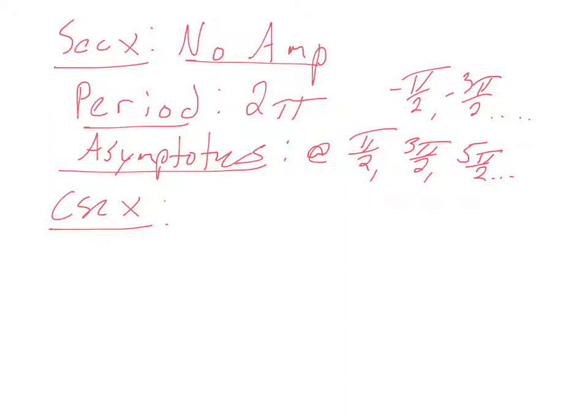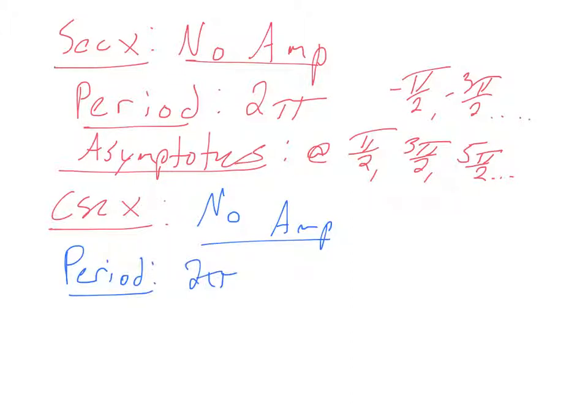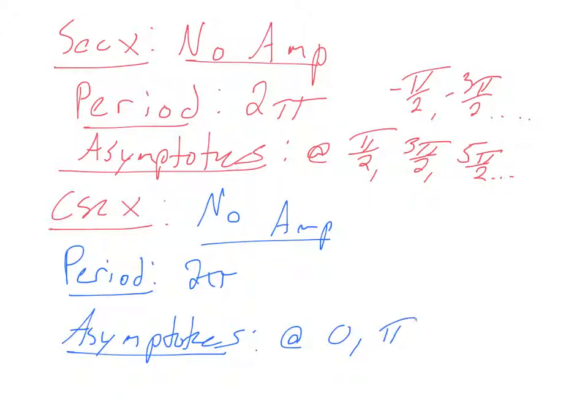For cosecant x, once again, no amplitude. It has a period of 2 pi as well, because it is the reciprocal of sine, and sine has a period of 2 pi. We saw that in the graph. And it has asymptotes located at 0, pi, 2 pi, and all multiples of pi, also negative pi, negative 2 pi, and so forth.